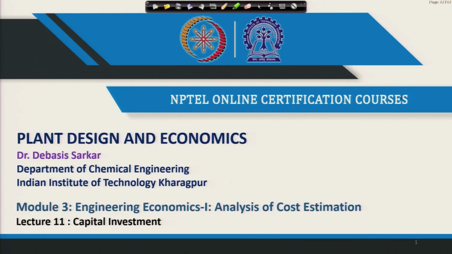Welcome to module 3. In this module, we will talk about engineering economics. While economics is a specialized subject, every chemical engineer should be familiar with basic concepts of process economics.